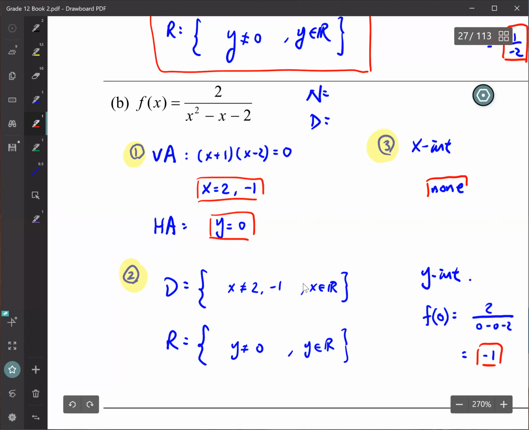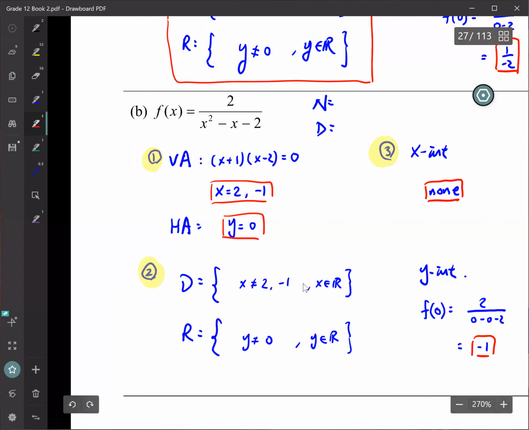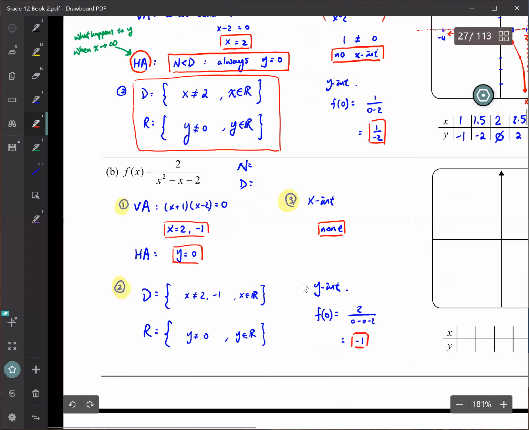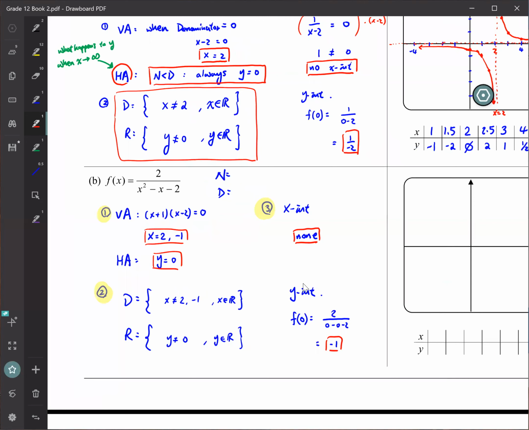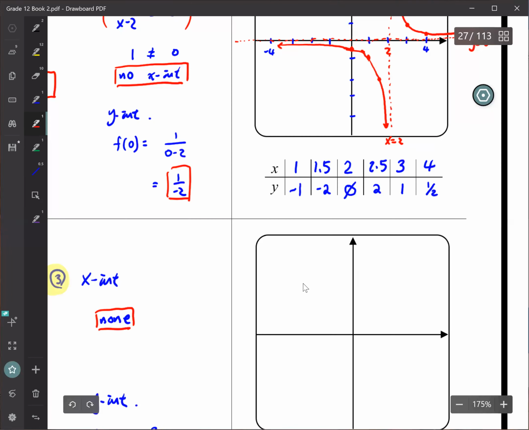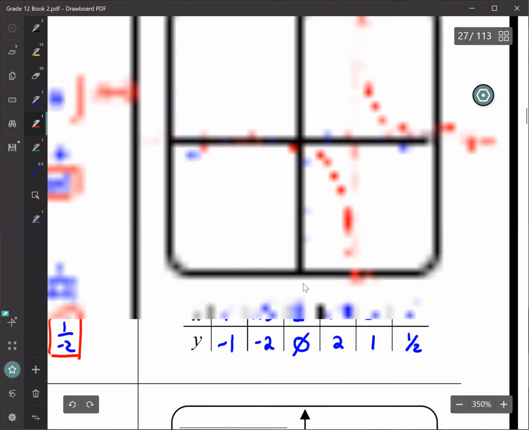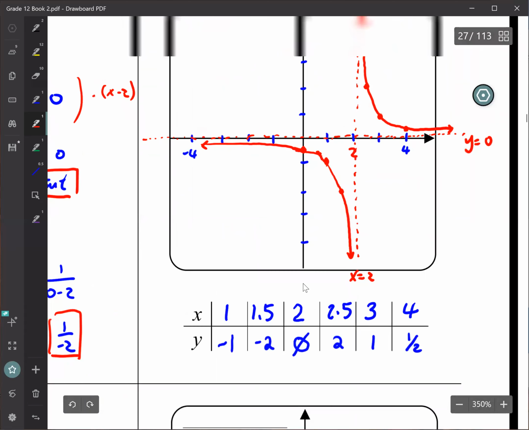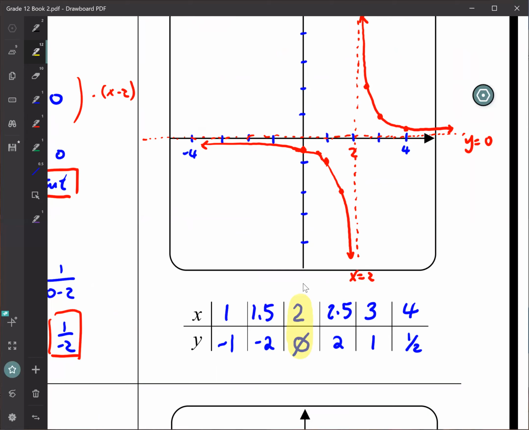And there's no x-intercept. Now the thing that's very different is this time we have two vertical asymptotes, right? So when we make the table, remember when we did the table before, we place the vertical asymptote in the middle, look at the highlighted, and then we graph a little bit on the left side and a little bit on the right side.